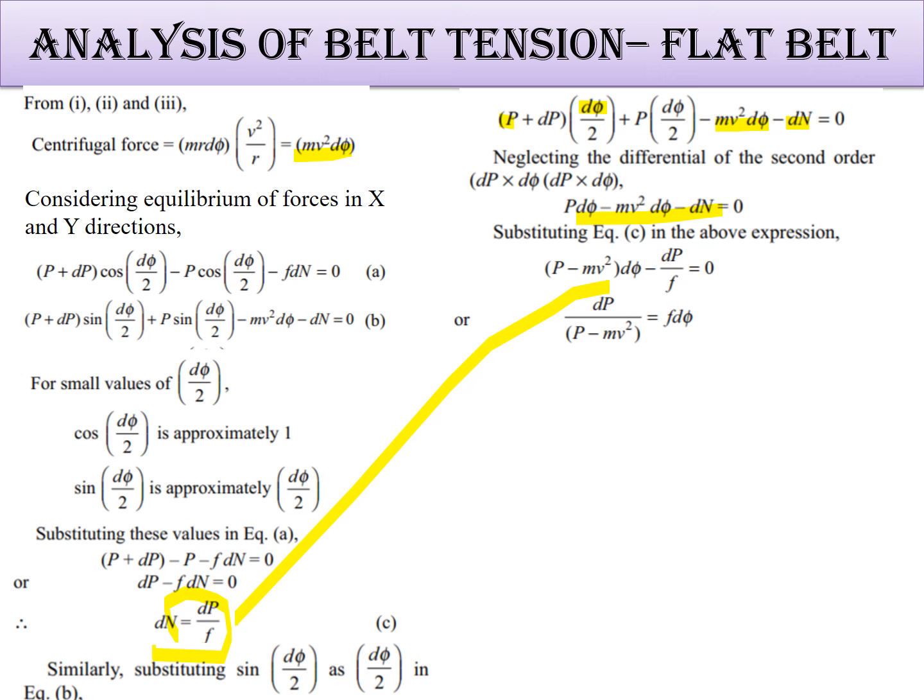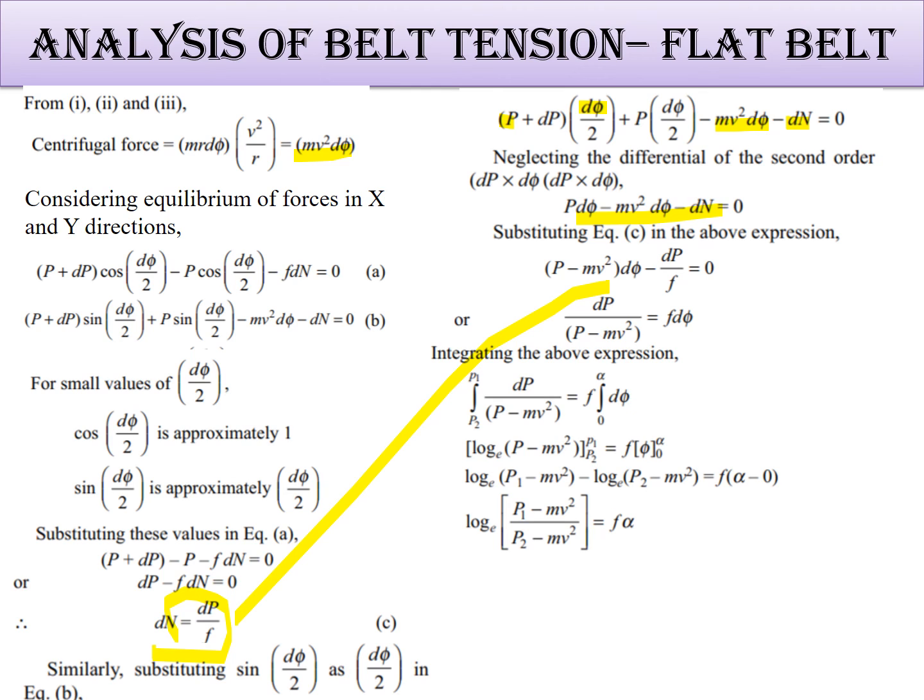If you rearrange this in mathematical form, what we get is that f d phi is equal to dp by (p minus m v square). Now we can integrate this term for both the sides, for left and right side. By integrating this, we get log to the base e of (p1 minus m v square) divided by (p2 minus m v square) equal to f alpha.